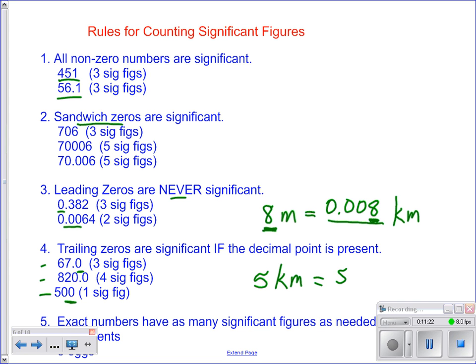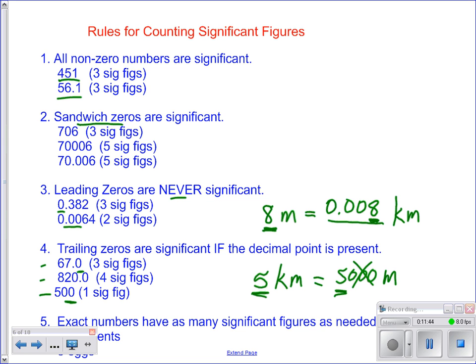That's just going to be 5,000 meters. So again, I still have one significant figure. These zeros aren't significant. They don't have anything to do with creating a greater precision of that value. All I did was convert from one unit to another.